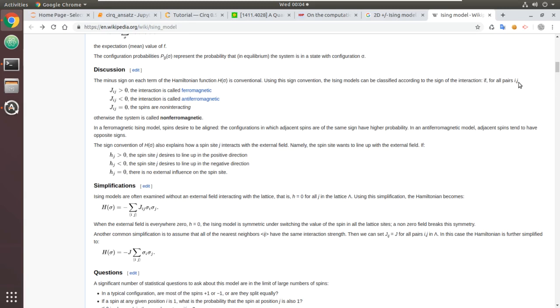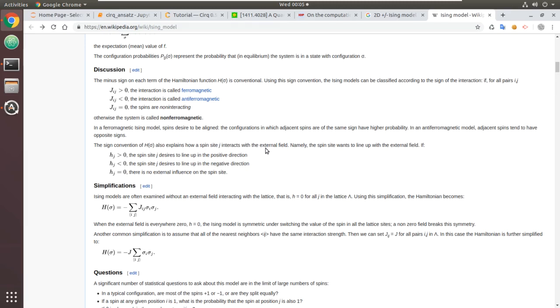So that's the interaction for all pairs ij. Ferromagnetic. So those are the plus. Okay, so these are the actual plus and minus ones, and the external field, I guess, is the same. It's going to be a plus or minus one. How the spin side interacts with the external field.